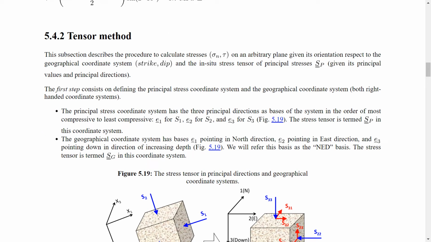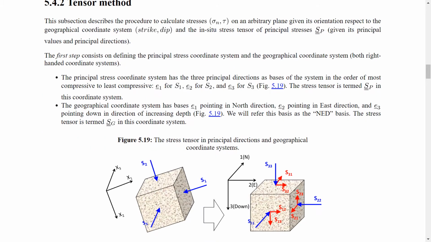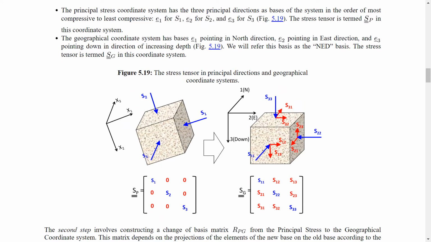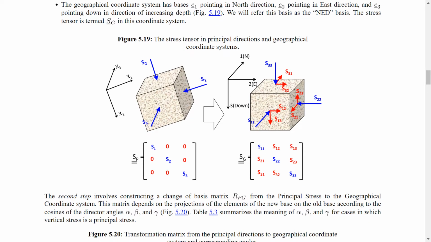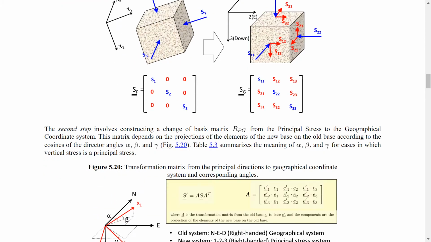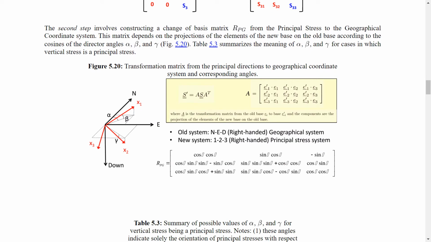Basically, for any orientation of the principal stresses, we can write that in terms of the geographical coordinate system. What you do from here to here is just what is called a change of basis. And if you remember, in order to change basis from coordinate system to coordinate system, you need what is called a transformation matrix, which is this one.